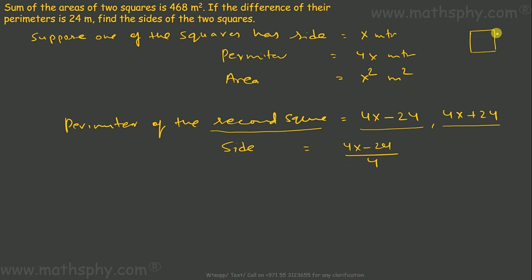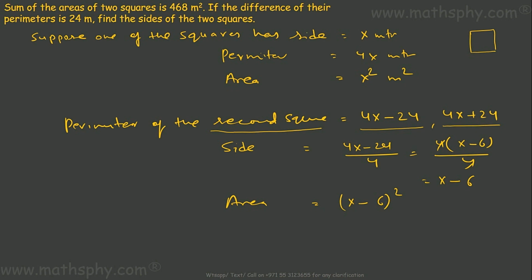Square has all the sides equal and perimeter is sum of all the sides together. So one of the sides would be perimeter over 4. I can take 4 common, so x minus 6 over 4. Side would be x minus 6. So area would be x minus 6 whole square.